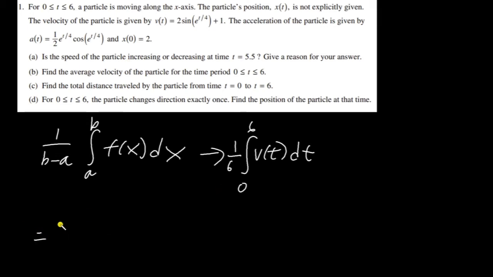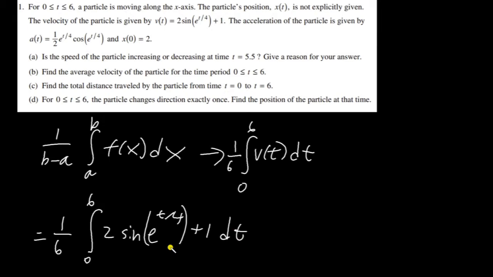So that's going to be 1/6 times the integral from 0 to 6 of 2 sine e to the t over 4 plus 1 dt. And if you evaluate this in your calculator, you're going to get 1.949. Okay, this was a 2-point question, 1 point for the correct integral and 1 point for the correct answer.